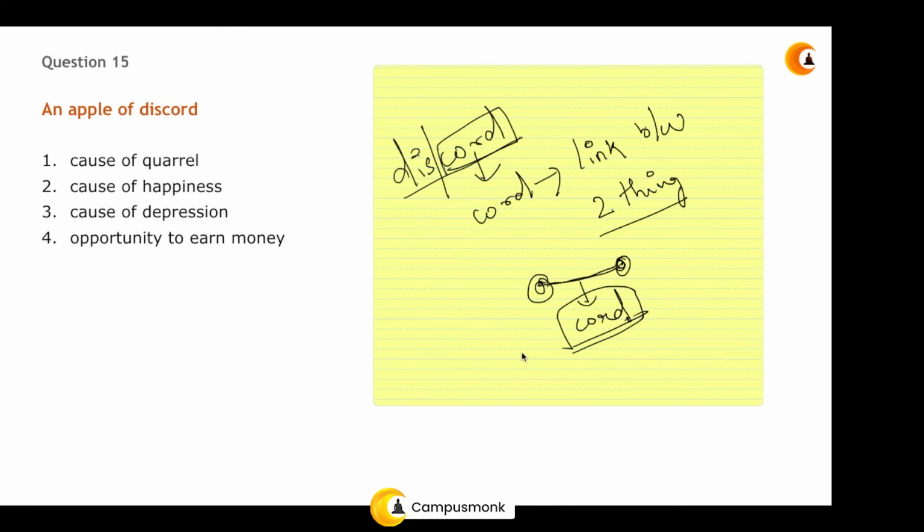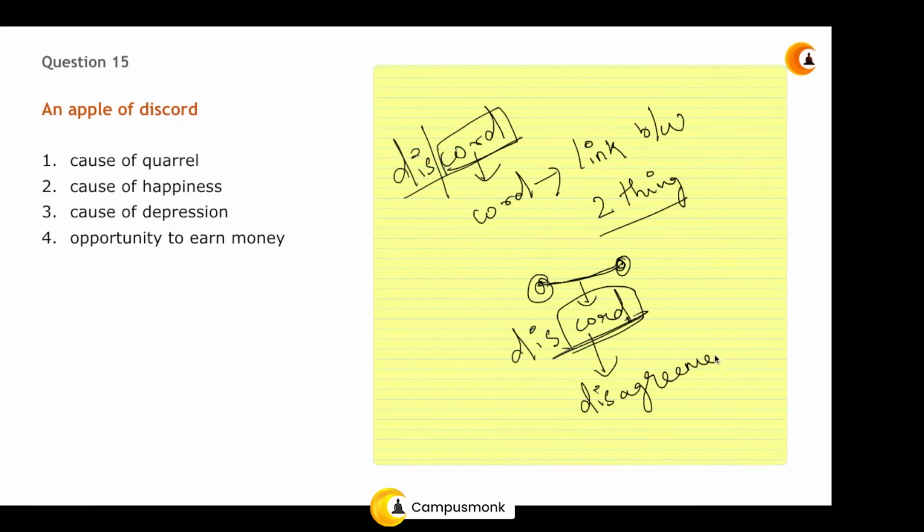Now if I've used the term dis before the cord, that means it is not agreeing. There is a point of disagreement. Okay, if cord means agreement, that it is accepting the things, then discord will mean disagreement. Just the opposite. Okay, an apple of discord.